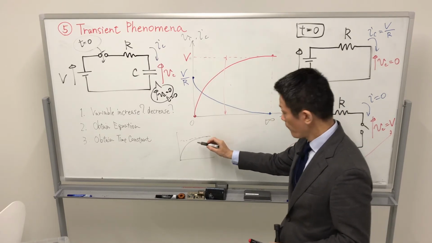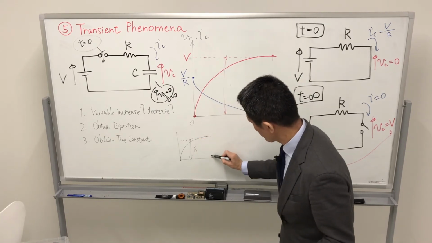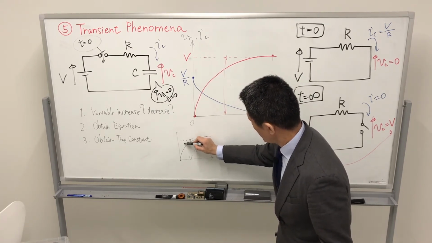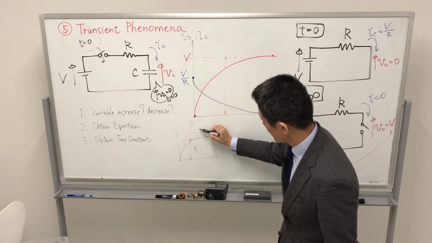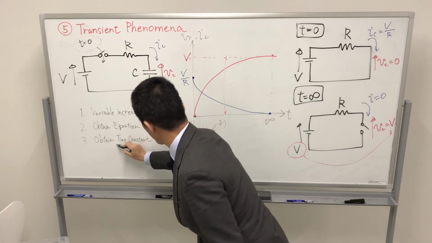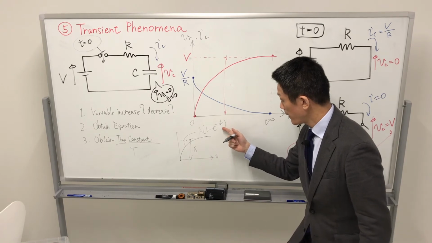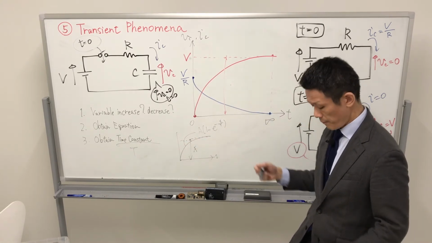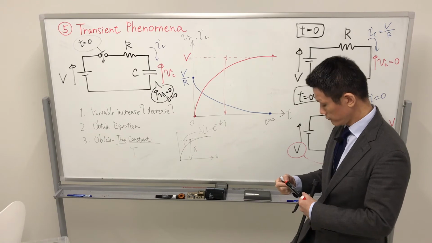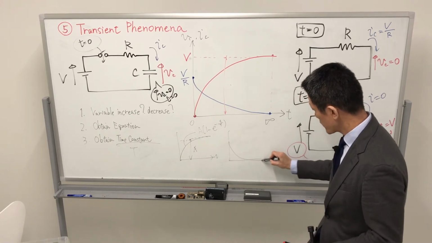This shape means the transient is A. These waveforms indicate A times e to the minus t over T. I have indicated that the time constant is T, large T. And that's the lower side.